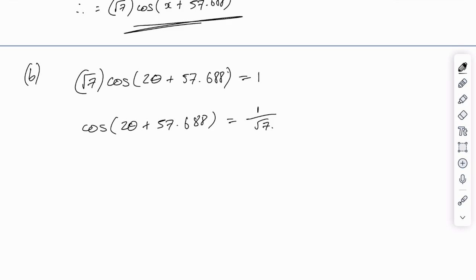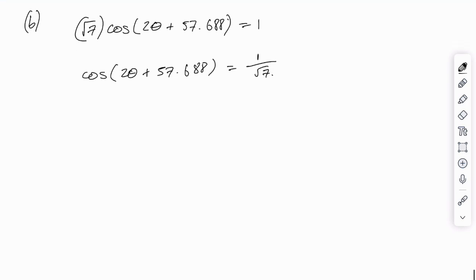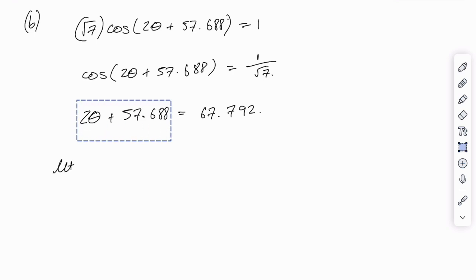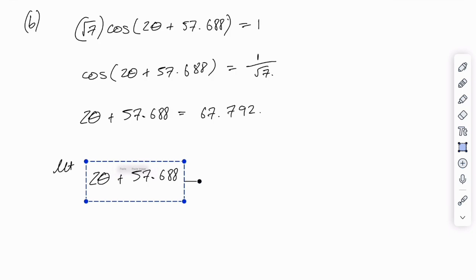Which means what? Which means then that 2 theta plus 57.688 is equal to the basic angle of 67.792. So I'm going to say let this equal k now, just like I did before.